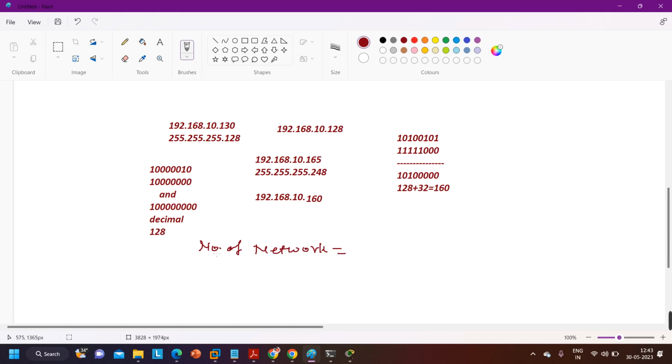First thing is how to find the number of networks. The formula to find the number of networks is 2 to the power n, where n is the number of network bits that go into the host portion.